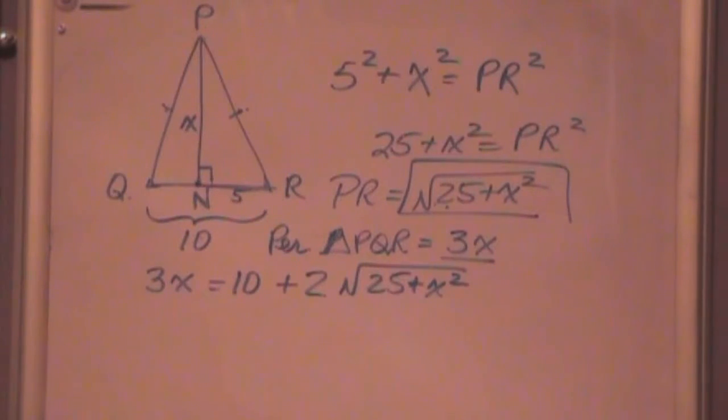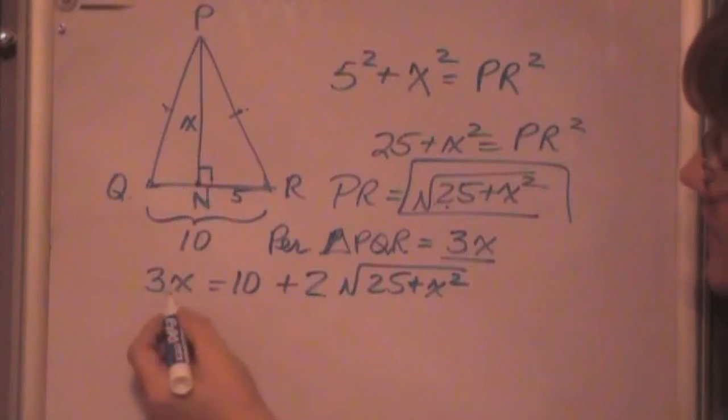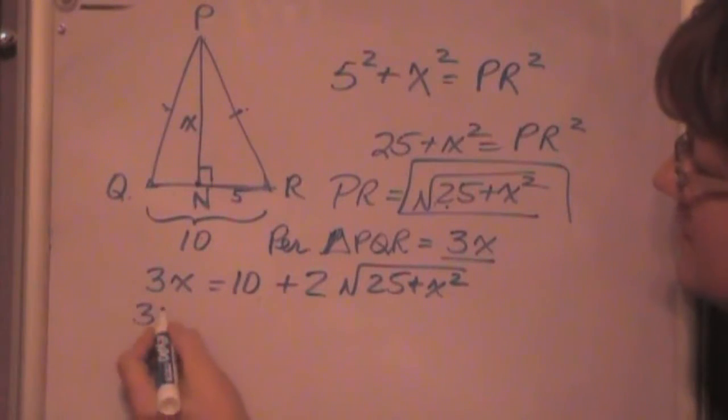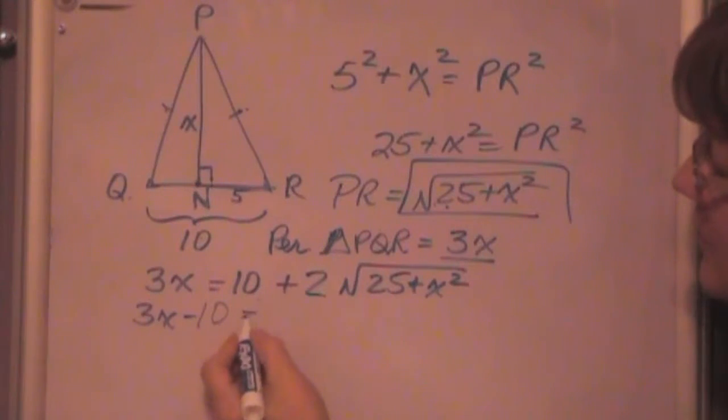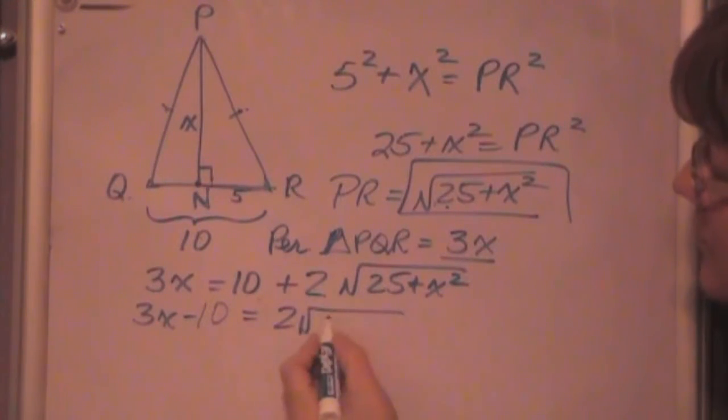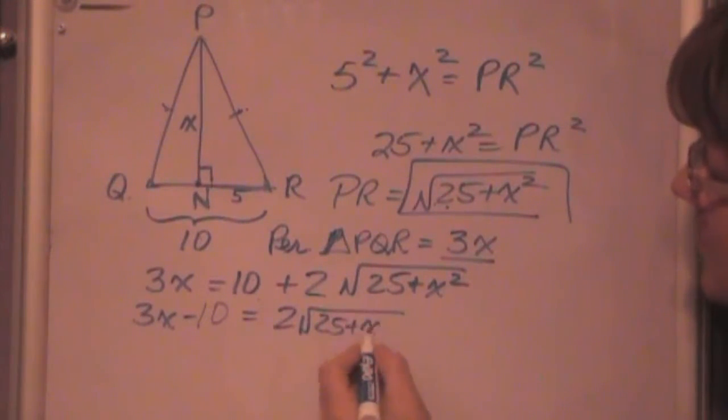And now all we have to do is solve for x. I know, I say all we have to do, but it's really not that difficult. 3x minus 10 equals 2 times the square root of 25 plus x squared.